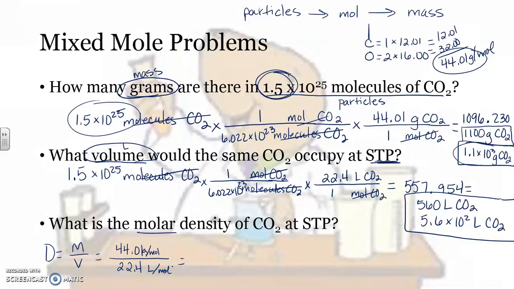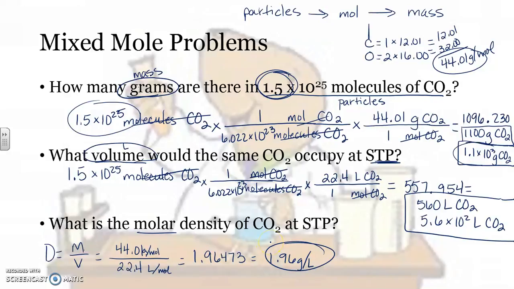We take the 44.01 divided by the 22.4, and we end up with 1.96473... We need 3 significant figures, so 1.96 grams per liter. That's all you've got to do.